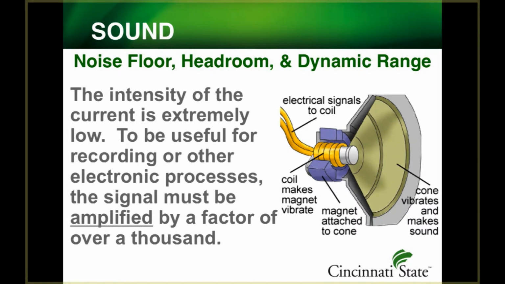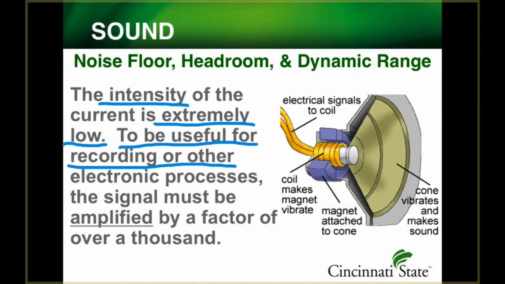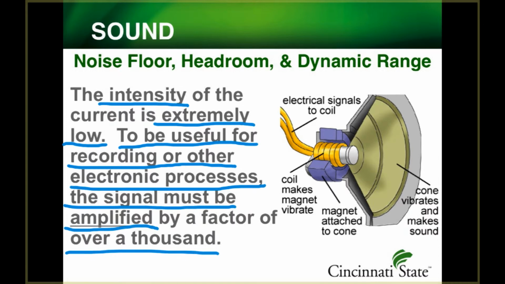The intensity of the current is extremely low, though, because power generators have huge magnets and huge systems spinning to create huge amounts of electricity, but for a microphone, not so big. So to be useful for recording or other electronic processes, the signal must be amplified by a factor of over 1,000.